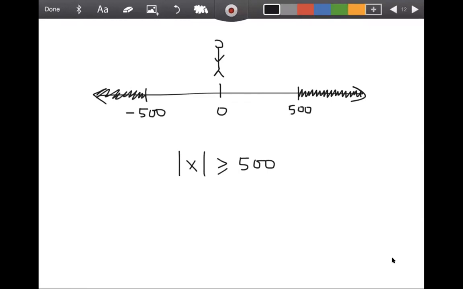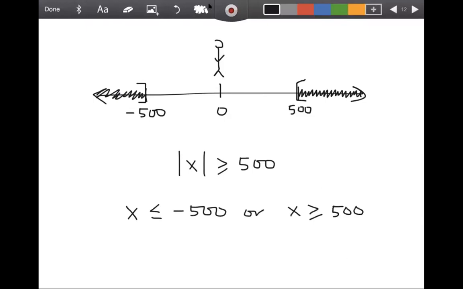In this case, the distance is greater than or equal to 500, which means that 500 and negative 500 are both okay. From our work a couple sections ago in 9.1 on compound inequalities, this is a graph of the compound inequality X is less than or equal to negative 500 or X is greater than or equal to 500.